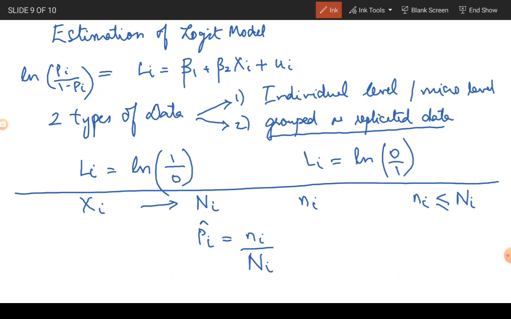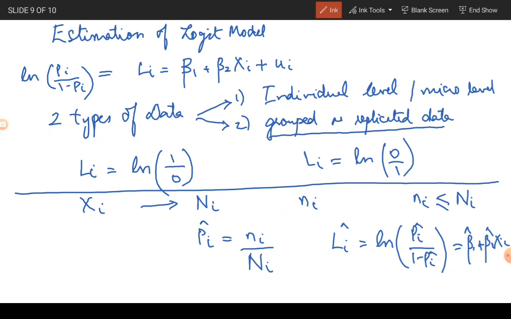And based on this probability value, you can have an estimate of Li, which will be log of Pi hat by 1 minus Pi hat, which you can equate to beta 1 hat plus beta 2 hat xi.